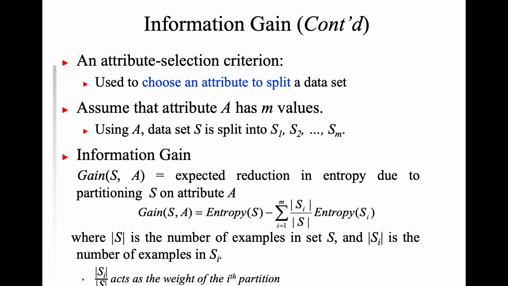Now, we also know how to calculate the information gain, or gain of S with respect to attribute A. So this is our feature, is equal to the entropy of S, which we calculated here, minus the sum over i from 1 to m, where m is the number of distinct values that a feature has.